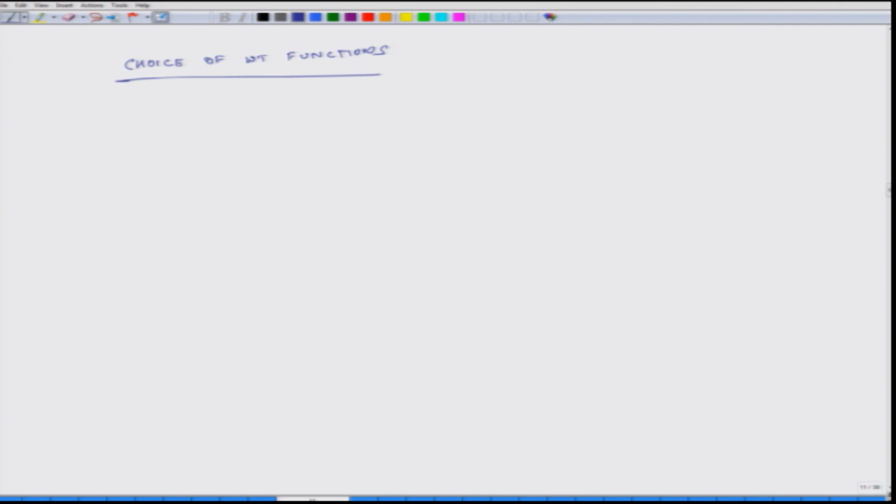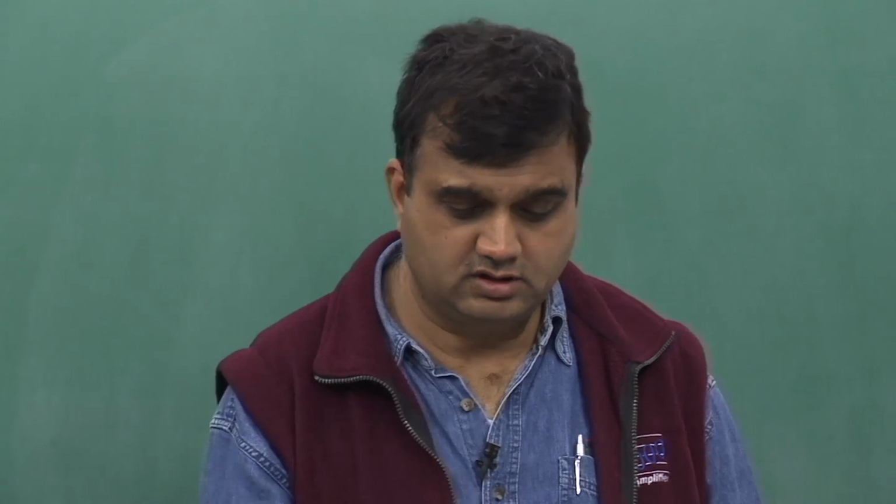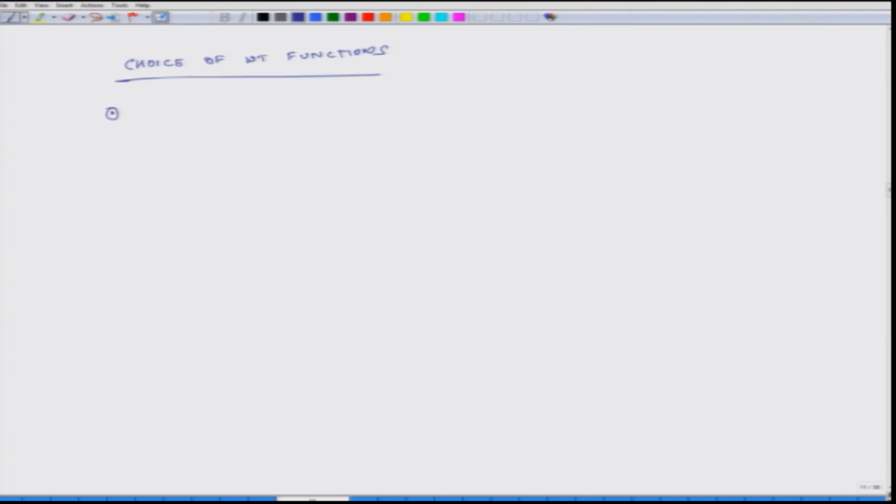Okay. So, in general we choose W such that it vanishes at the boundary if the primary variable is known at the boundary. Okay. What does that mean? Suppose I have a bar and I am pulling it and I am also applying some traction on this.